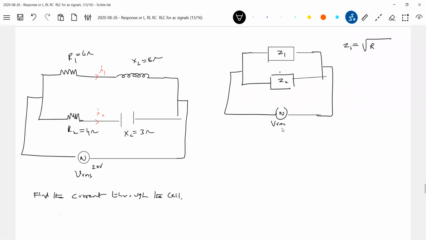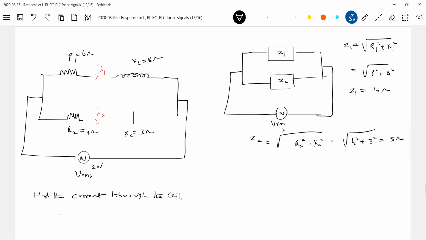Root of R1 square plus XL square, 6 square plus 8 square. This should be 10 ohm. What about Z2? Root of R2 square plus XC square, 4 square plus 3 square. This will be 5 ohm.